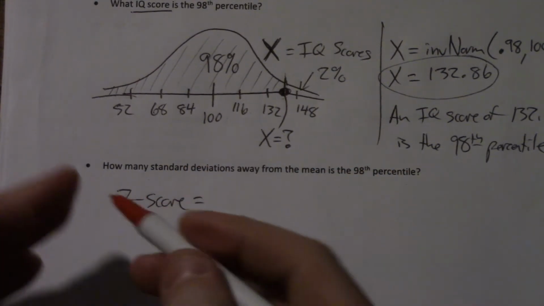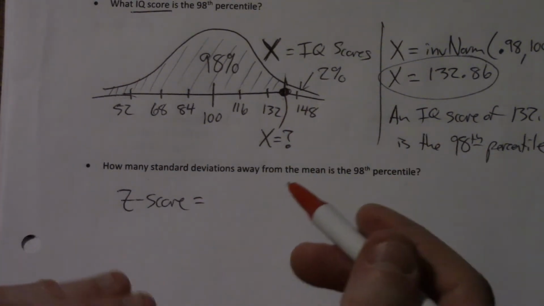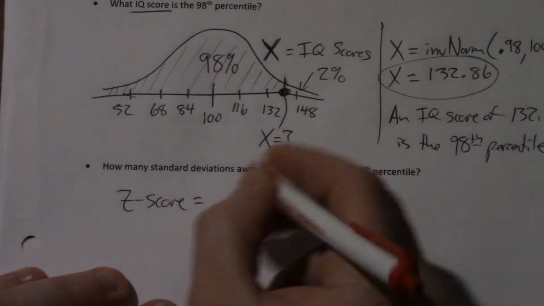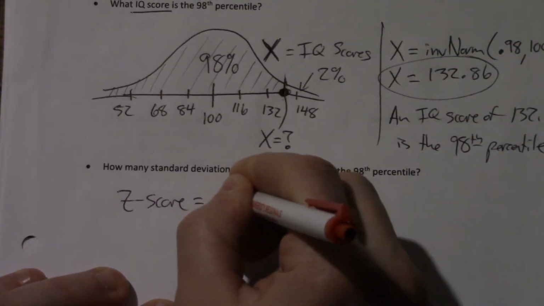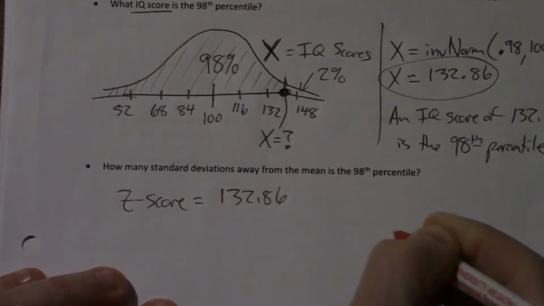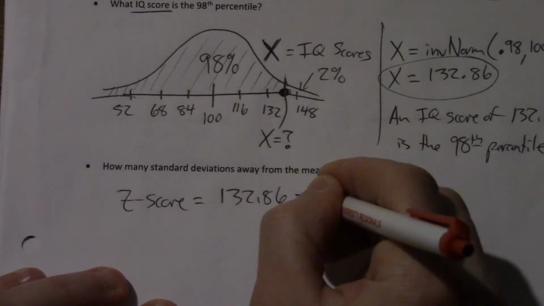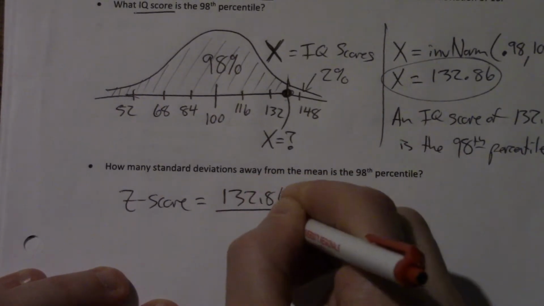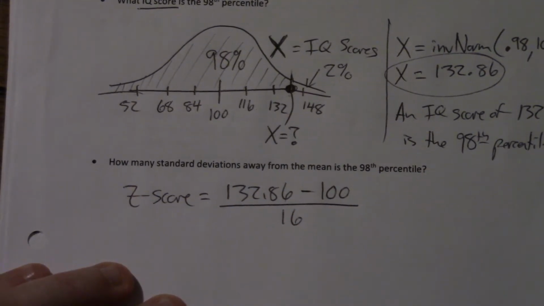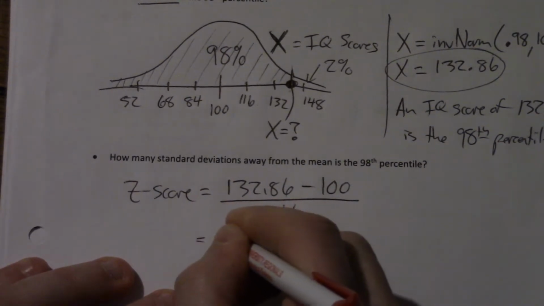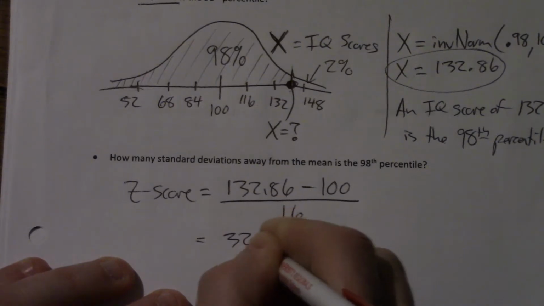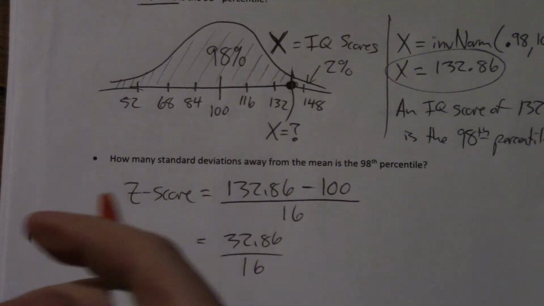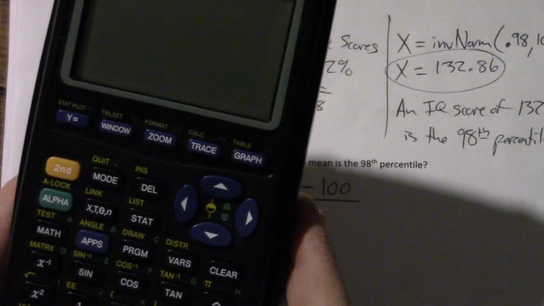It tells us how many standard deviations away from the mean is a given data point. So we're going to take our IQ score, 132.86, subtract the mean of 100, and divide that by the standard deviation of 16. So we get 32.86 over 16, which is a little bit above 2.